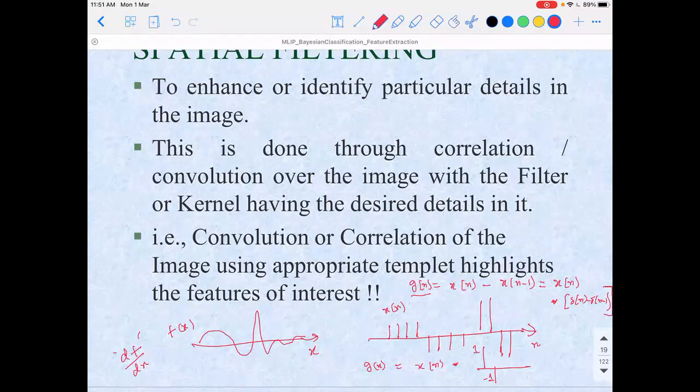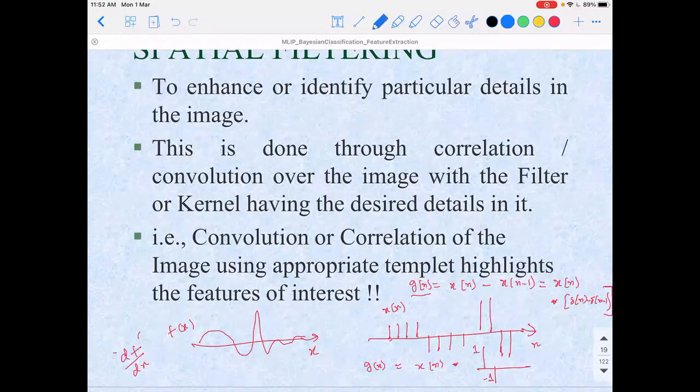If we don't flip the signal and do element-wise multiplication, add them and put the net value at this location, we call it correlation. That's all. Hope you people are following.